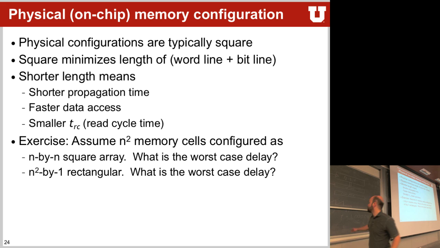One of them would be 1 megabit, so it's 1,000 by 1,000, n by n. And the other one would be really long, 1 by a million.